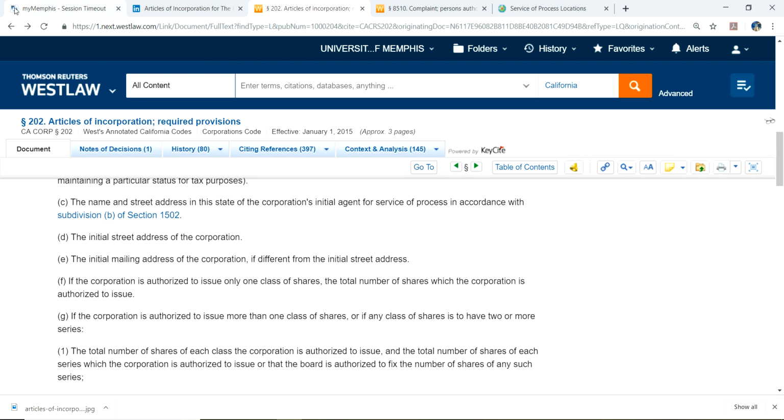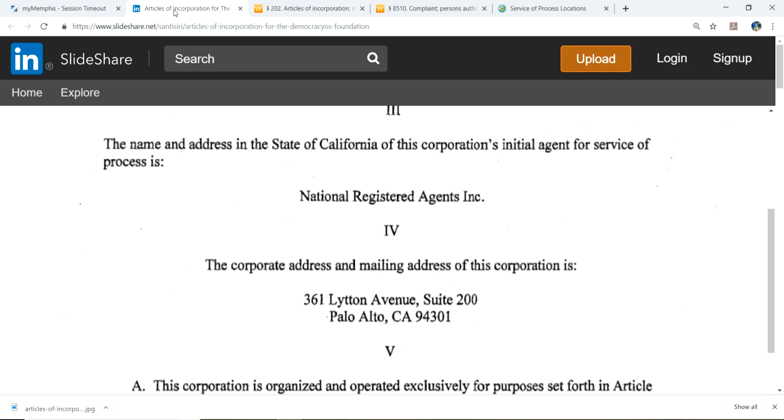They were going to operate primarily as a 501(c)(3) under the Internal Revenue Code. And let's go back to the articles. Clearly the corporate address and mailing address of the corporation are the same, and they are contained within the Articles of Incorporation here. So that is in compliance with the state regulation.